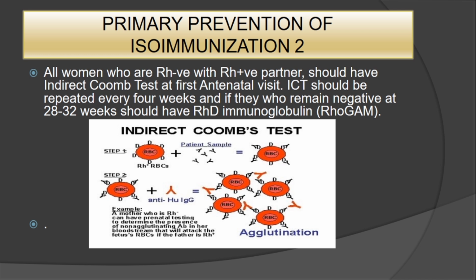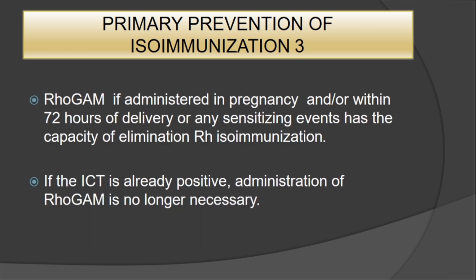sensitization can occur. Now, if the woman does not deliver after 40 weeks, another Rogam should also be given to the mother at the dose of 300 micrograms. And this one will eliminate any potential for sensitization.